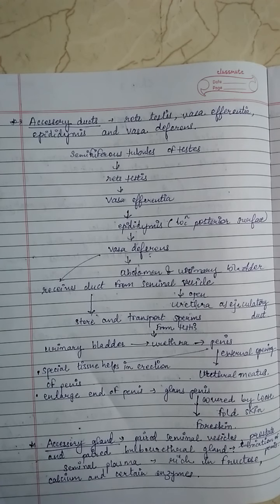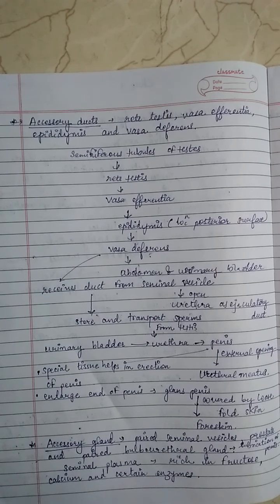Then the epididymis leads to the vas deferens that ascends to the abdomen and loops over the urinary bladder. It receives a duct from the seminal vesicle and opens into the urethra as the ejaculatory duct. This duct stores and transports the sperm from the testis to the outside through the urethra.